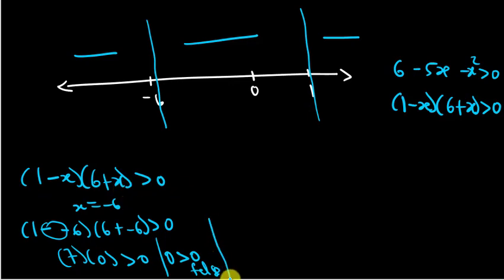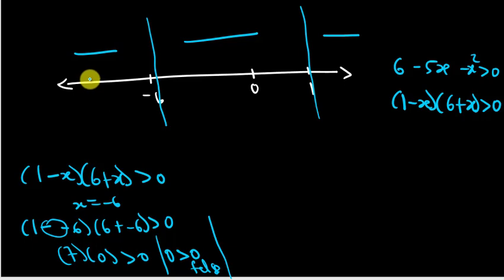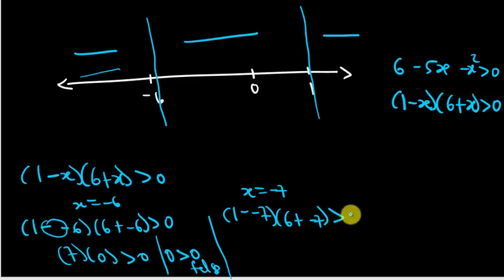So what do we have to do next? If that's the case, let's pick another value from this side, let's say negative 7. When x is equal to negative 7, we are going to have, once again, 1 minus negative 7 times 6 plus negative 7, greater than 0. 1 minus negative 7, that is 1 plus 7, gives us 8.